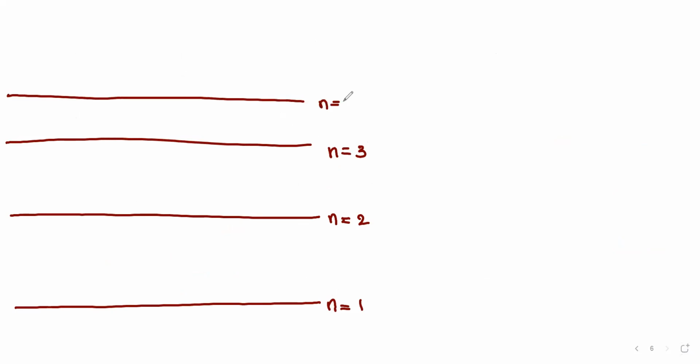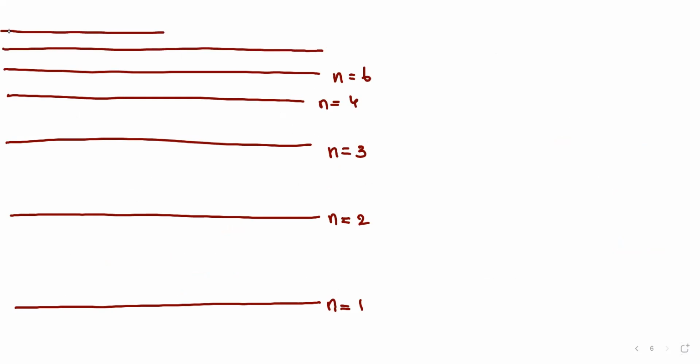The hydrogen spectrum means, the value of n equal to 1, all that is falling to n equal to 1, we call it the Lyman, then n equal to 2, n equal to 3, n equal to 4, n equal to 5, n equal to 6, and n equal to 7.